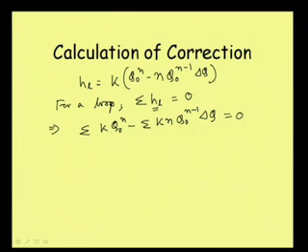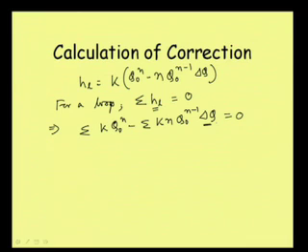Now, in this summation expression, what is the delta Q? That is the correction that we will be applying. That correction is basically the same for all the members of that particular loop. But here we are not talking about all the members of the entire network. We are talking about the members of a particular loop, and in that loop, the correction we will be applying is the same for all the pipes.